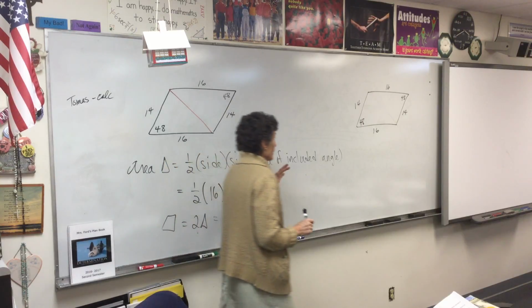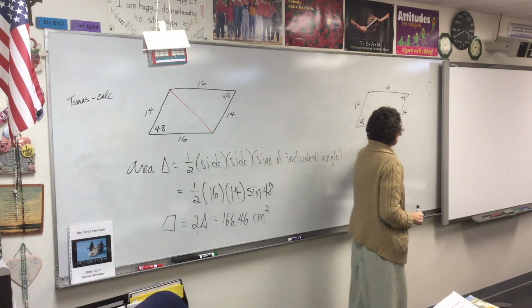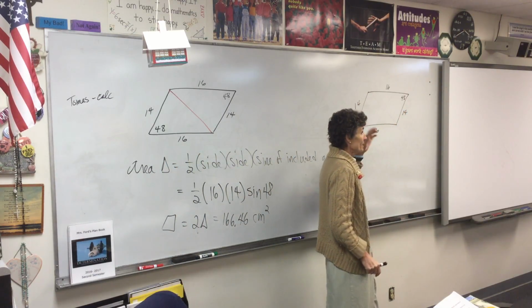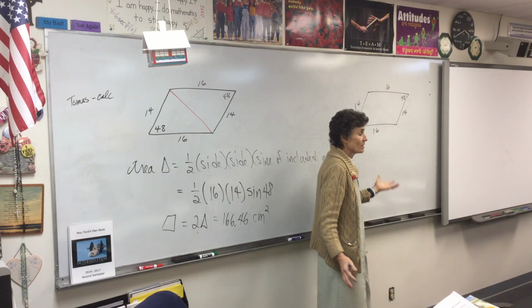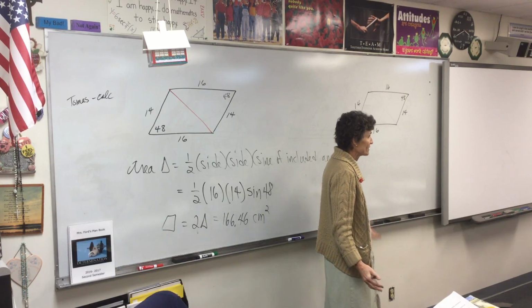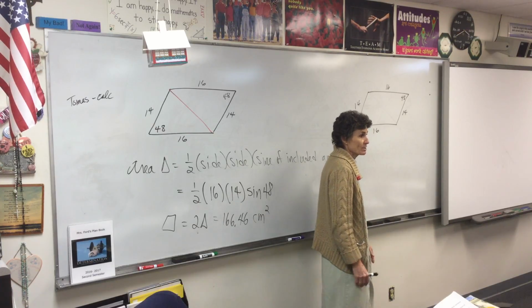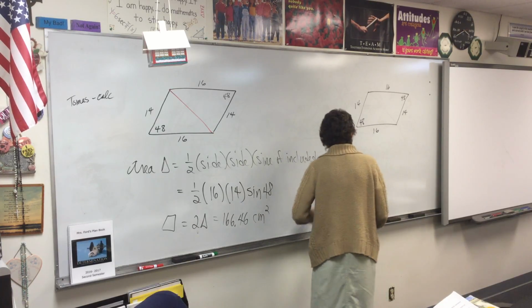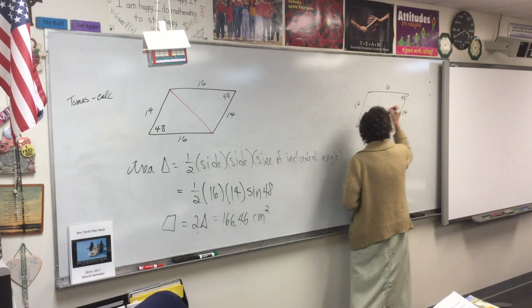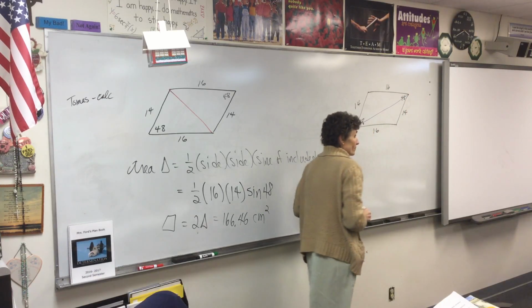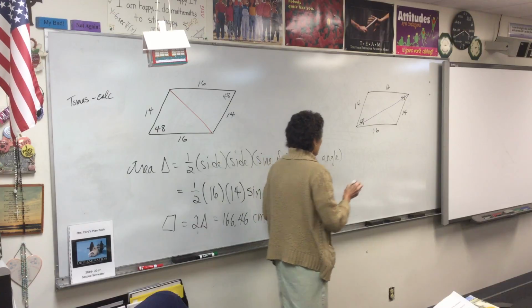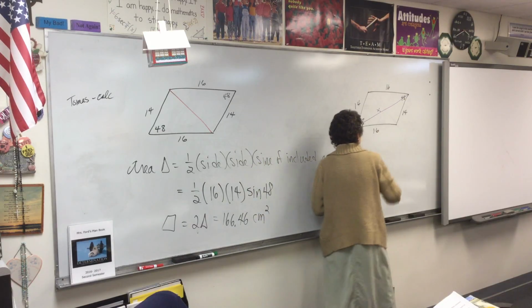Again, just eyeballing it. These are the diagonals, right? Can you tell that one of those is going to be longer than the other one? Yeah. Just by the way things are situated. This is going to be the longer diagonal. And I want to find the length of it.